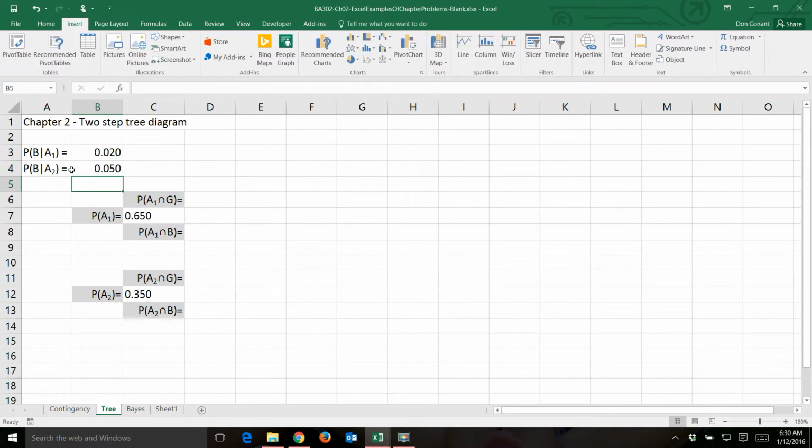With those probabilities, now we can calculate the joint probabilities using the multiplication rule. We'll find the intersection of the two events, and that is simply multiplication. So I'll take the probability of receiving a part from company A and multiply that times, this is for a good part, so I'm going to multiply it times 1 minus the probability of receiving a bad part from company A. That would be the probability of receiving a good part.